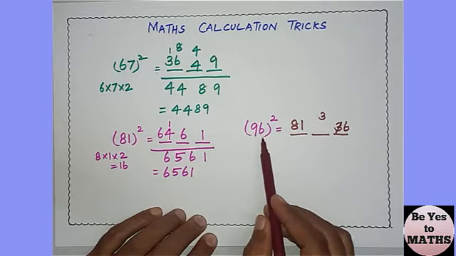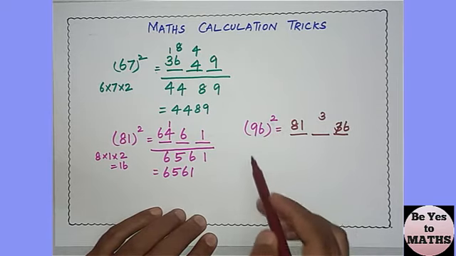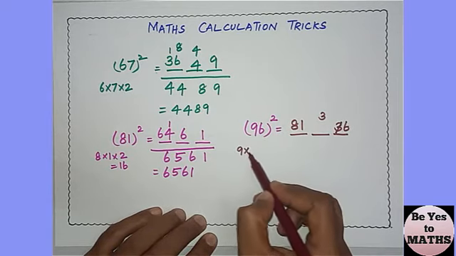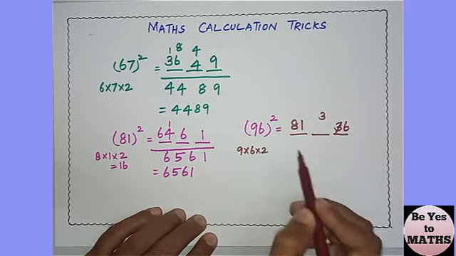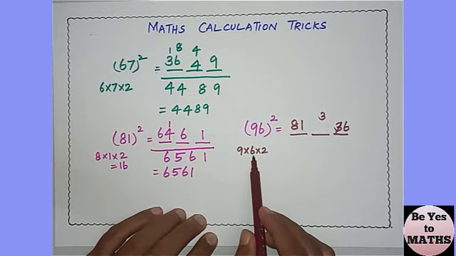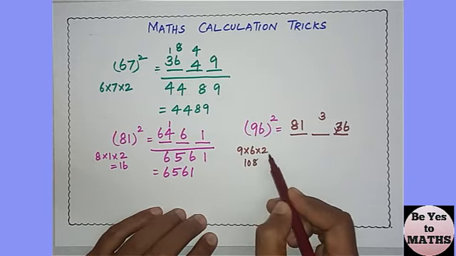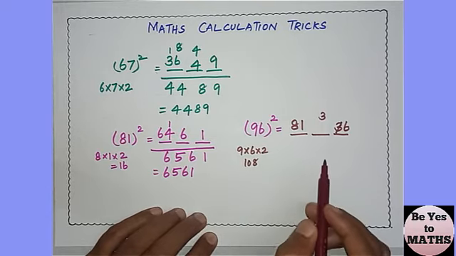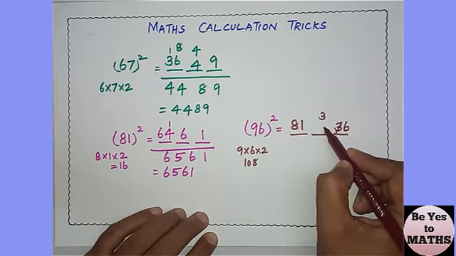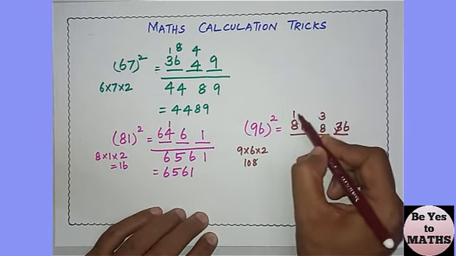Then for the middle blank we have to multiply all these 3 digits. So 9 into 6 into 2. 9 6s are 54. 54 into 2, 108. So we have 3 digits, but we have to write only 1 digit. So we'll write 8 here, 10 carry here.